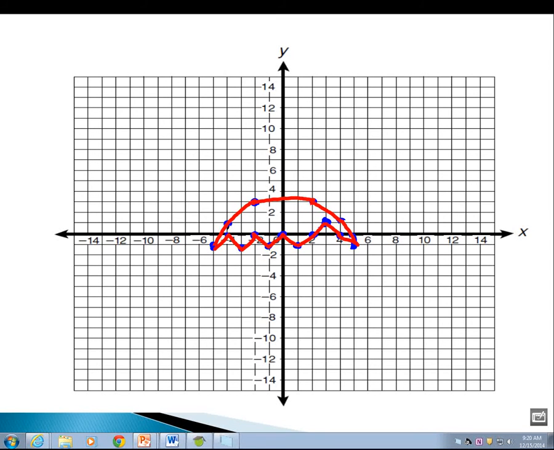Then it has to start a new one at 0, 0. Then go to 4, 0, negative 4.